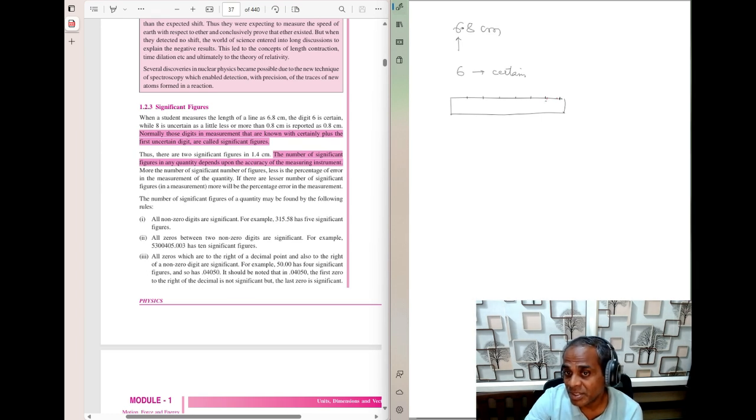But when a system of measurement is used, for example this ruler, and we say some length is 6.8, we are not exactly sure whether it is exactly 6.8 or lying between 6.7 and 6.9. And that's why we call this 0.8 in this case the uncertain digit.